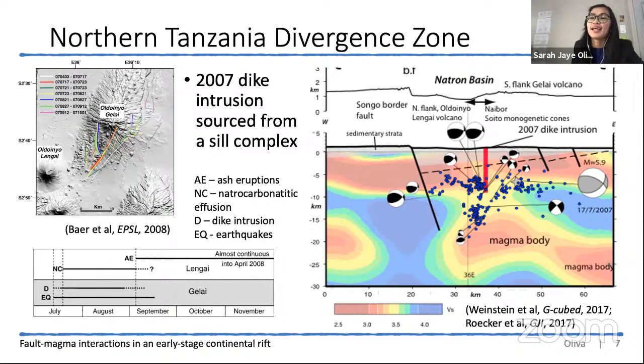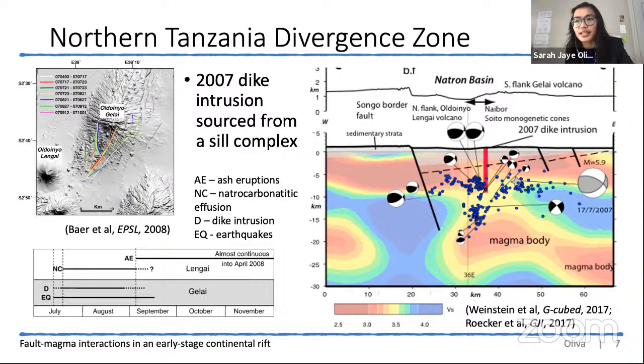Yes, the different colors correspond to dates. There are dates at the top left. I don't know how big your screen is, but those are dates. Each line shows which dike was active at which time frame. And yes, it seems that they are radiating in the opposite direction if you're considering Gelai as the source of the dikes.